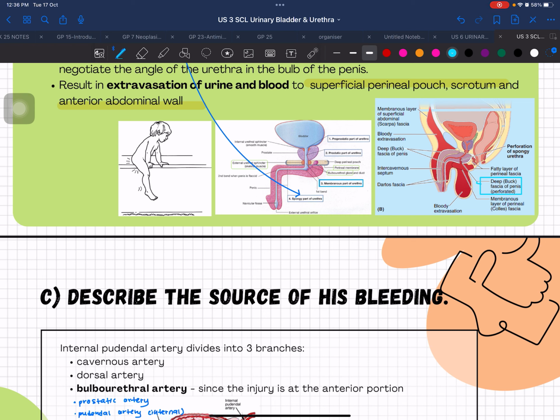Because fascia is actually continuous with each other. It's just that at different places we give them different names. They are all a single tissue, but certain places become thicker, like the fascia lata. So they are continuous with each other, not in silos. It's just that we give them different names.